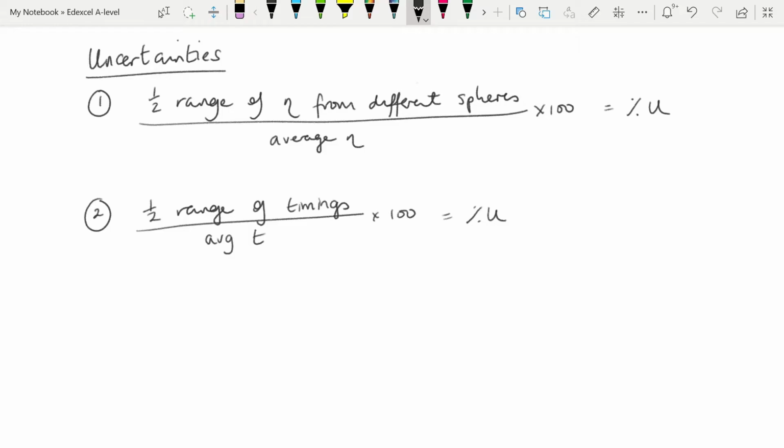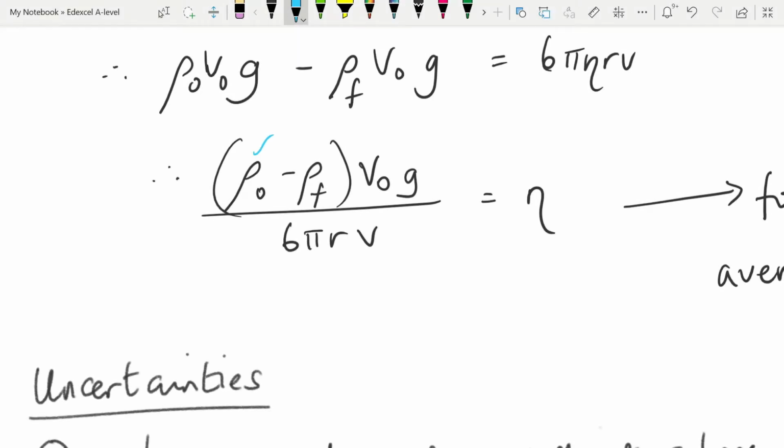If we look back up at the equation, let's see what else goes into viscosity. So we're ignoring densities here, saying that the uncertainty is negligible. Again, our volume uncertainty we've said is negligible. Our radius uncertainty is negligible.